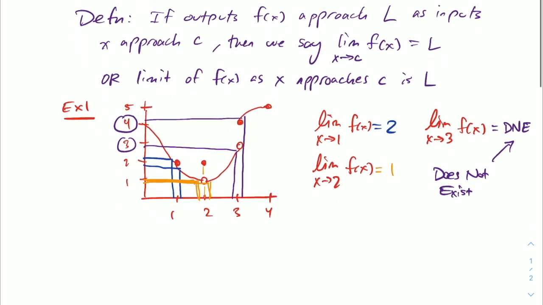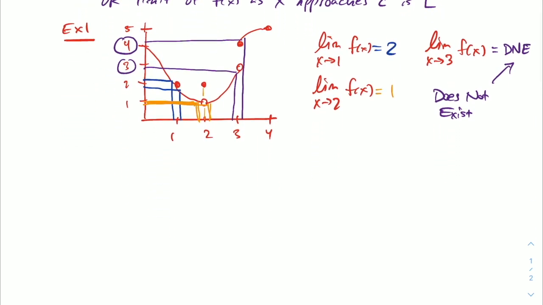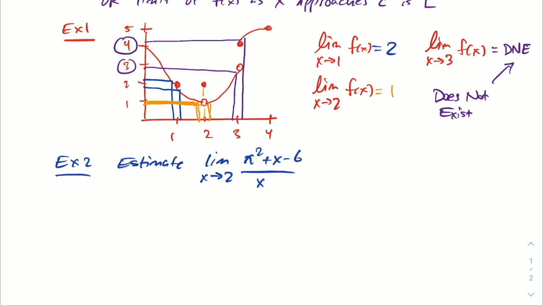Okay, let's do another example. In this example, we're going to estimate a limit numerically. We're going to take the limit as x goes to 2 of x squared plus x minus 6 over x minus 2 using inputs close to 2.